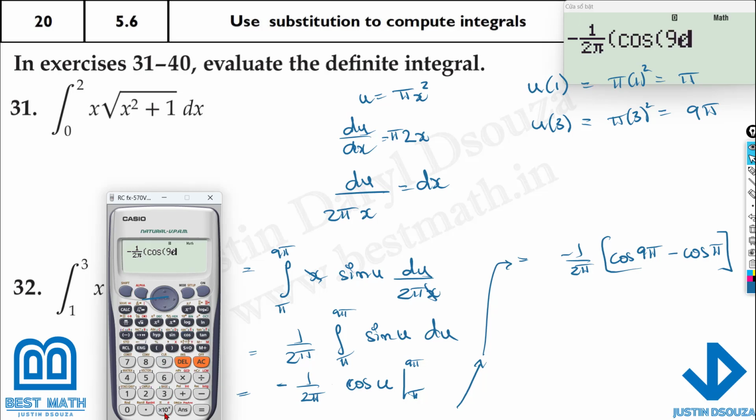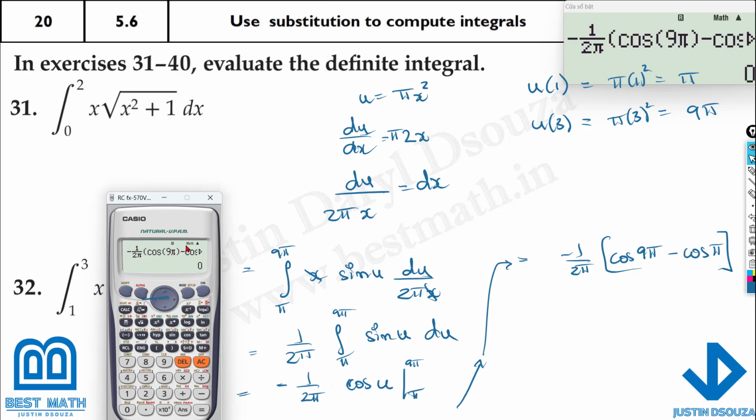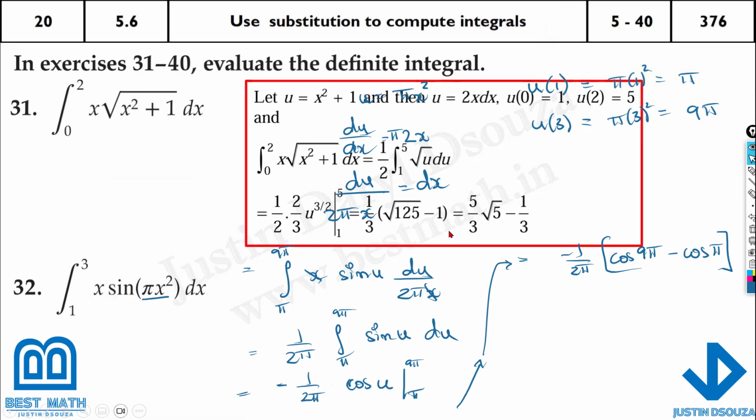Cosine 9 pi minus cosine pi. Make sure you convert to radian mode. See, it's in degree mode. Shift mode 4 gives us radian. These two cancel off, because they are coterminal angles and have the same values, cosine 9 pi and cosine pi. So the answer will be 0. So that's the final answer.